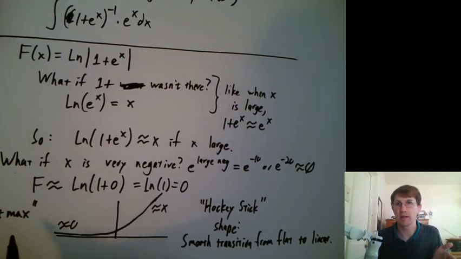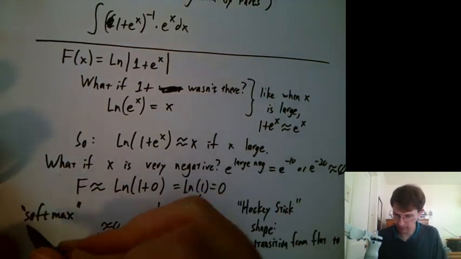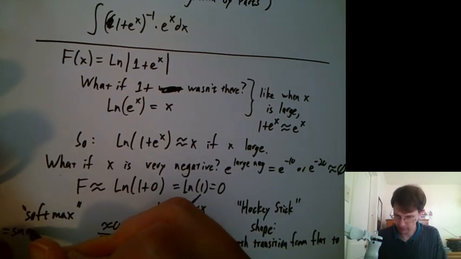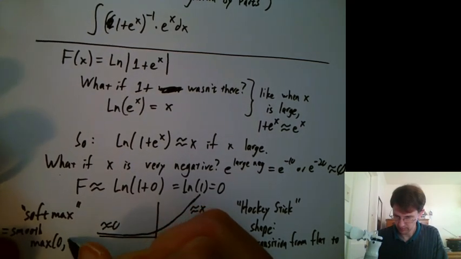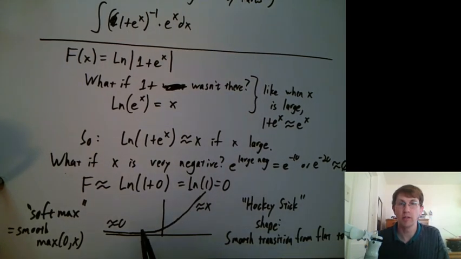Soft meaning a kind of smoothed out version of the max of 0, x. So useful in engineering when you don't want sharp transitions between operating regimes, useful in machine learning when we're doing softmaxes, all kinds of fun.